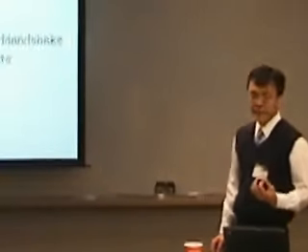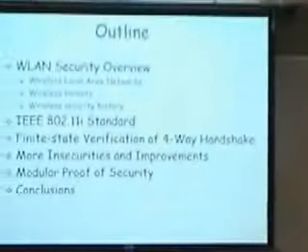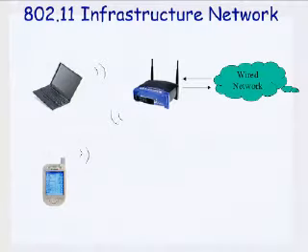The vulnerabilities and the solutions are actually very simple, but it was a vulnerability and it can launch a very easy attack, so the standard committee adopted the solution. We also found more insecurities and improvements to 802.11i. I will talk about the details later. Finally, we conduct a modular proof of the security.